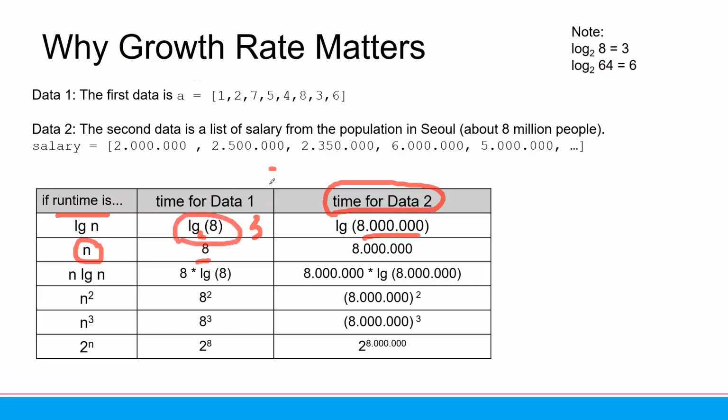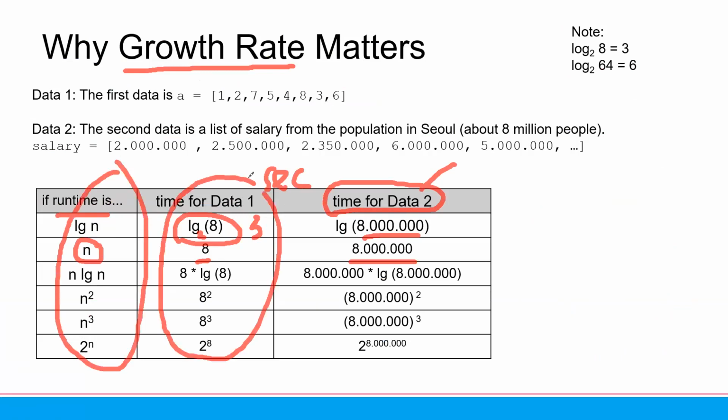Maybe if it is in second, we have 8 seconds. If we use the data 2, then the running time will be 8 million seconds. Okay, so that's why we need to understand the growth rate. Because if we know the running time, we can analyze. If we use the data 1, how big is the performance? And if we use the data 2, how big is the performance?